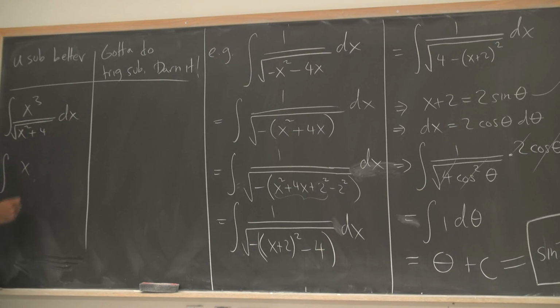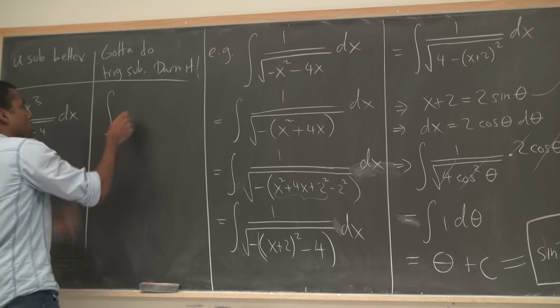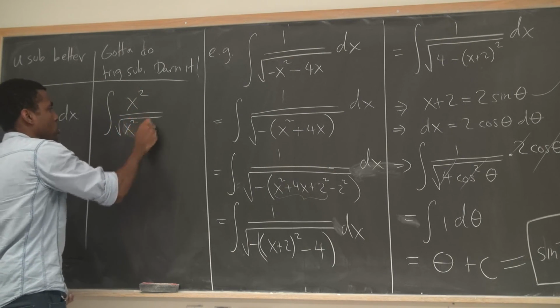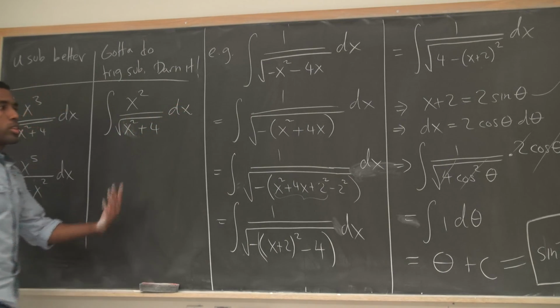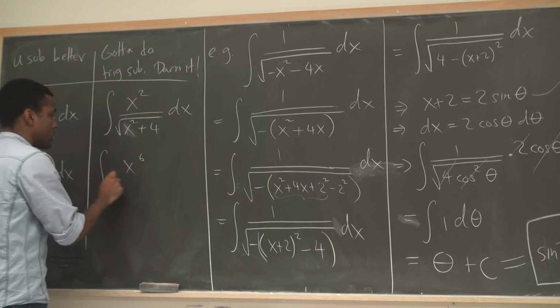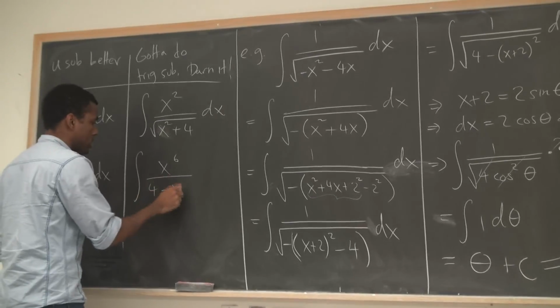Right? Or x to the fifth over 4 minus x squared. Like all these, I'd use a u-sub because there's an odd power. If it was x squared over x squared plus 4, you're like, darn it, probably use the trig sub. Right? Or x to the 6 over 4 minus x squared.